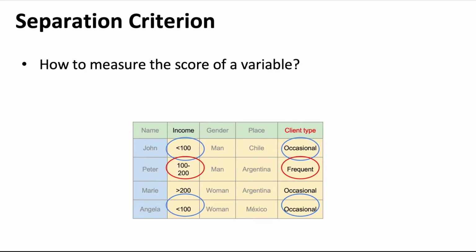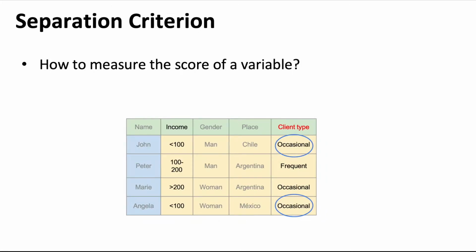In other words, it's like when we move from one value to a different value in the variable income, is the class changing also? Another intuition is that we can see that one variable is good to separate the class when we see that most of the rows that relate the same value of the given variable end up in the same value on the class.